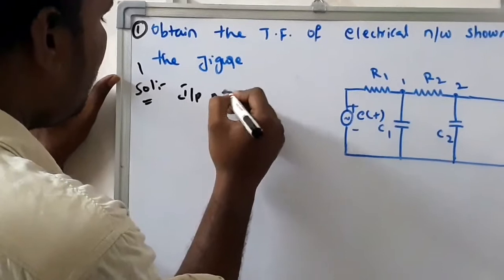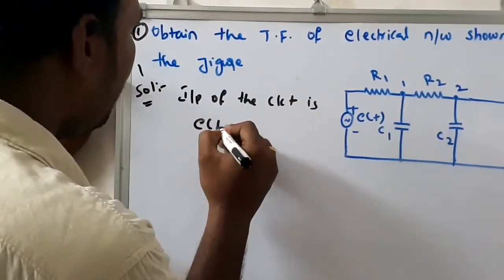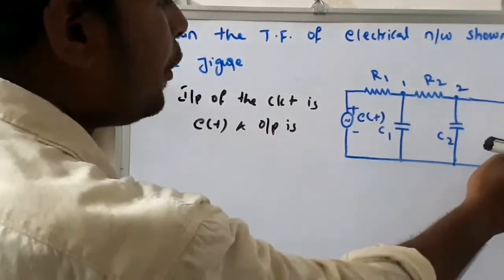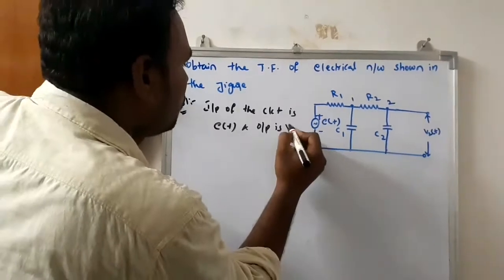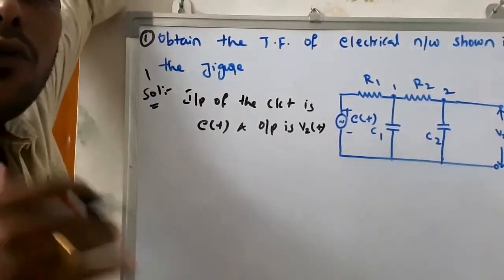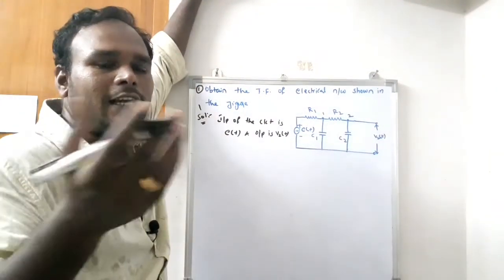The input of the circuit is e(t) and the output is v2(t). Now what is meant by transfer function? The ratio of the Laplace transform of the output to the Laplace transform of the input is known as the transfer function.